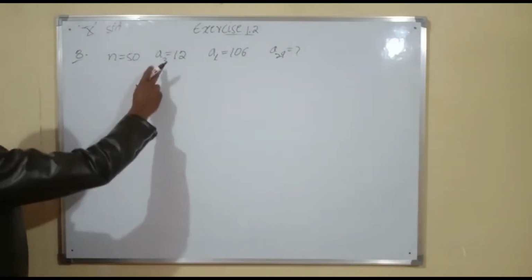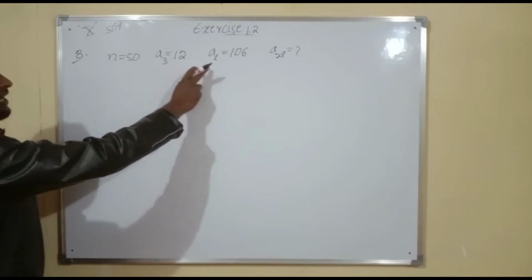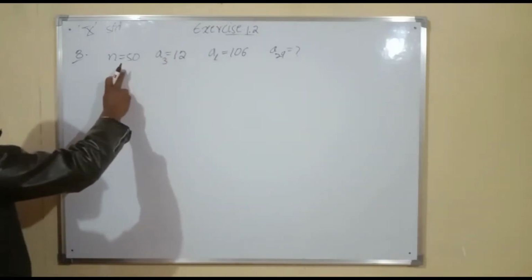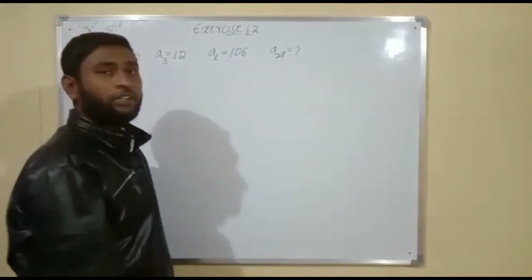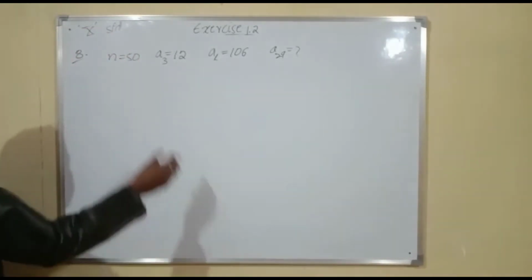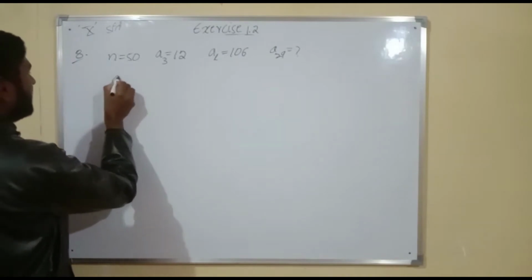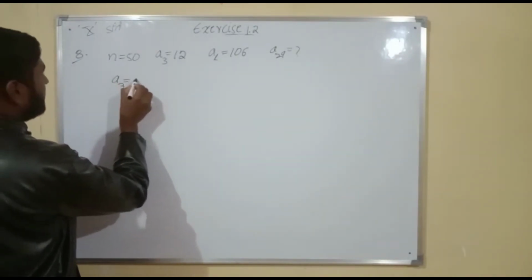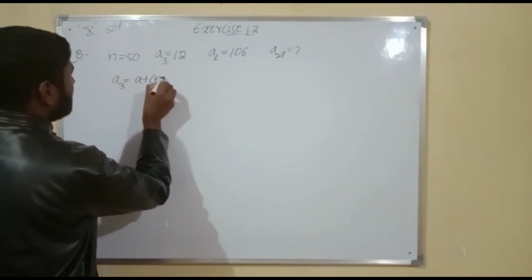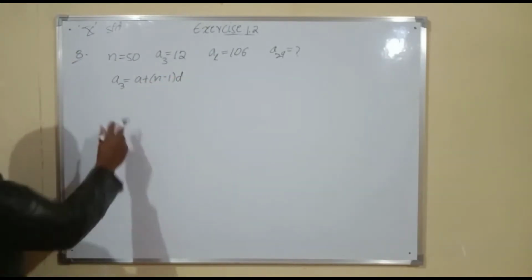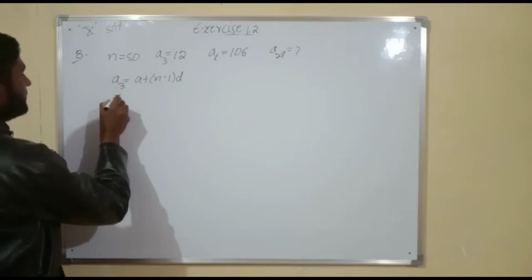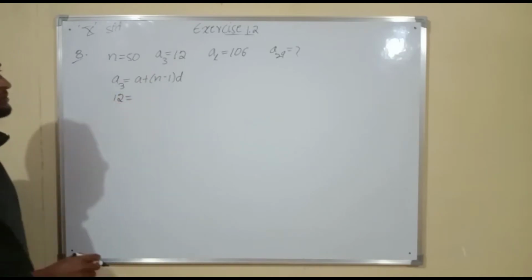We are given the third term, the last term and the number of terms. Three elements we are given, and we have to find the 29th term. Here, I can write A3 is equal to A plus n minus 1 into D. We are given A3, which is equal to 12.